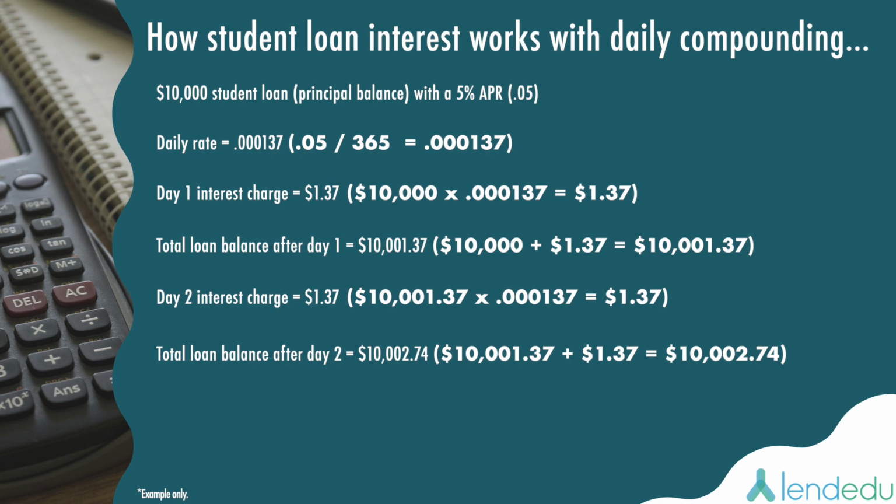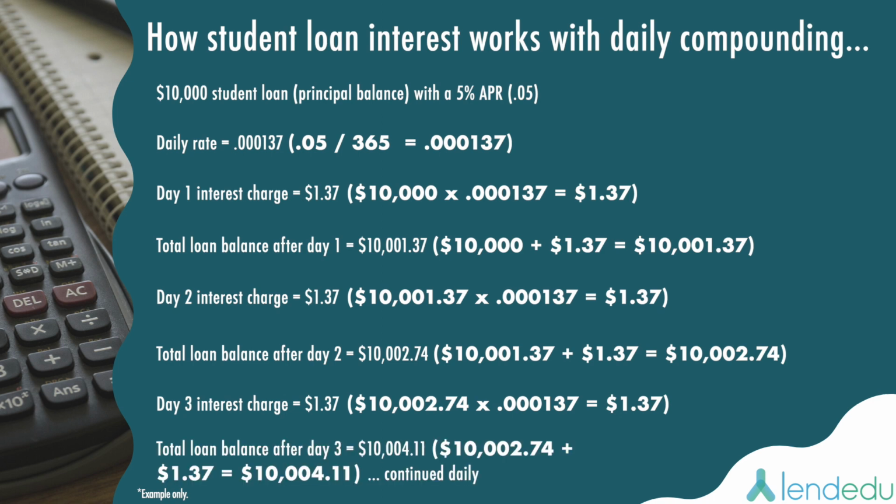On the third day, the process is repeated. $10,002.74 multiplied by 0.000137 equals again $1.37. So your new total balance after the third day is $10,004.11. And this process continues each day.